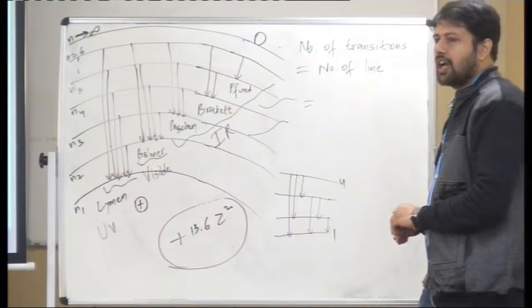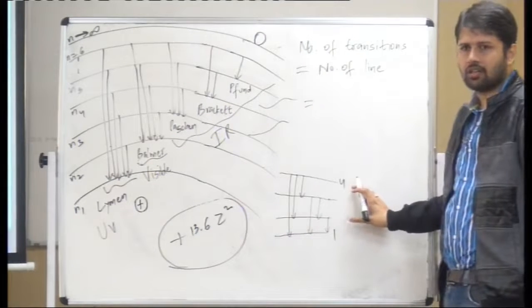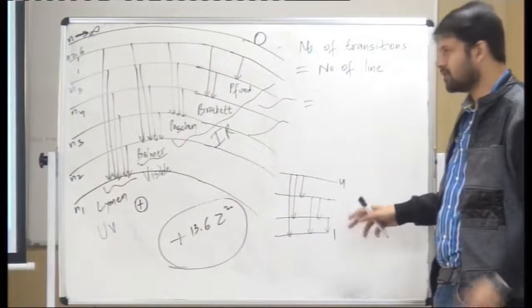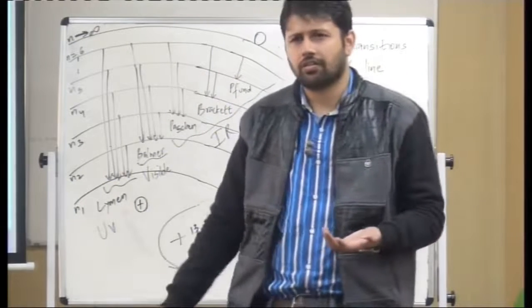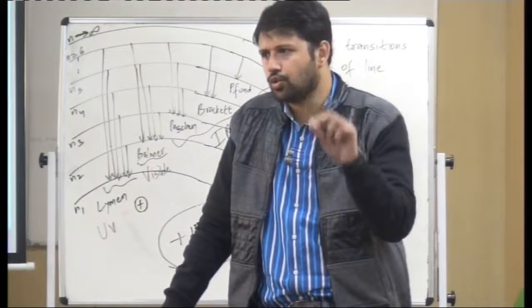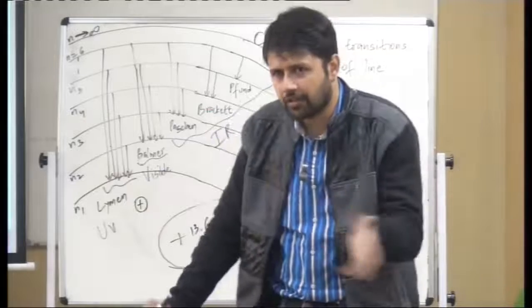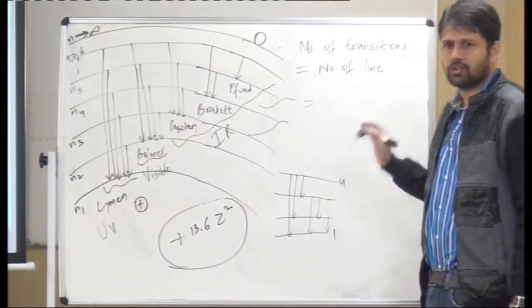And you know, this would be a combination, basically the number of ways of selecting 2 possible things out of a group. Can I write this as 4C2?